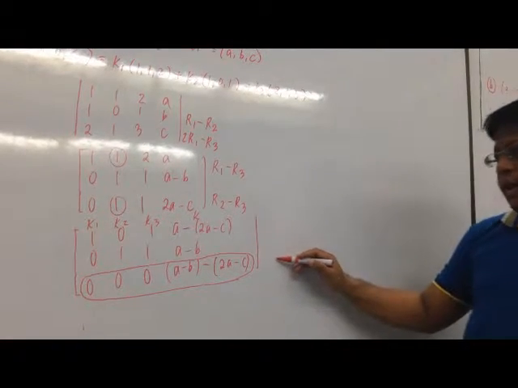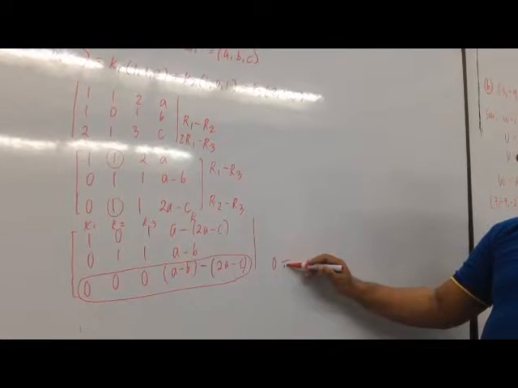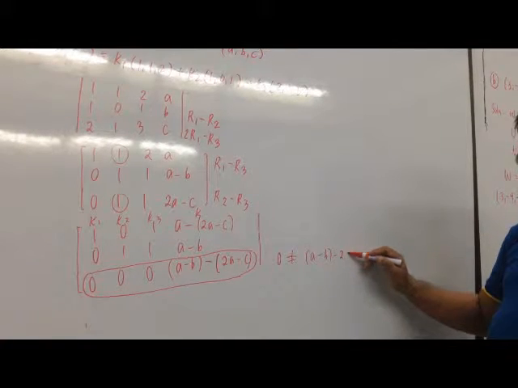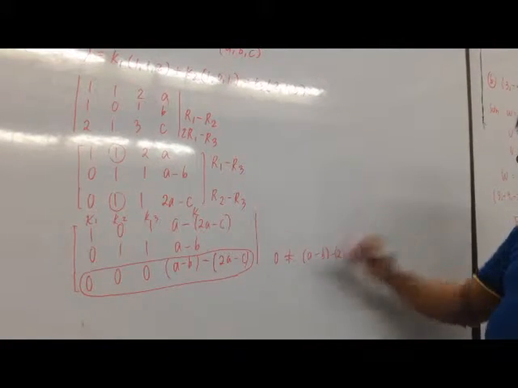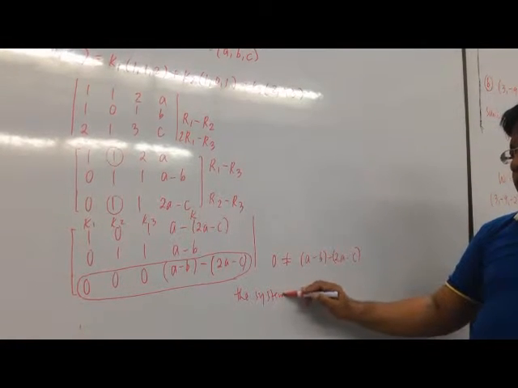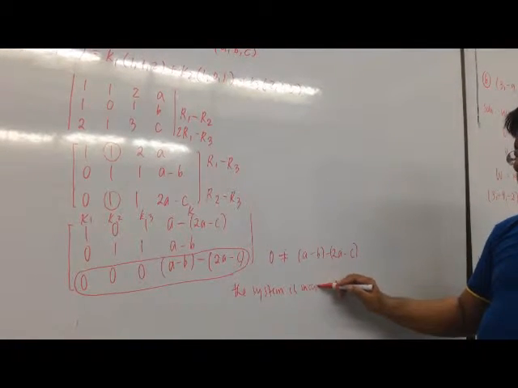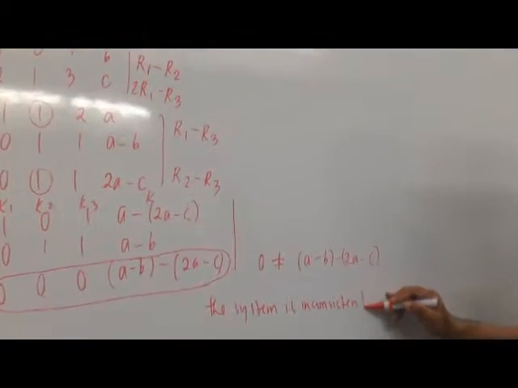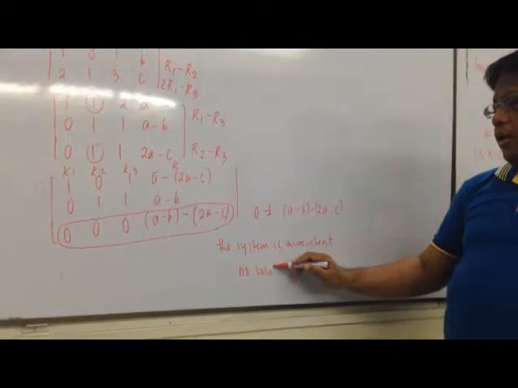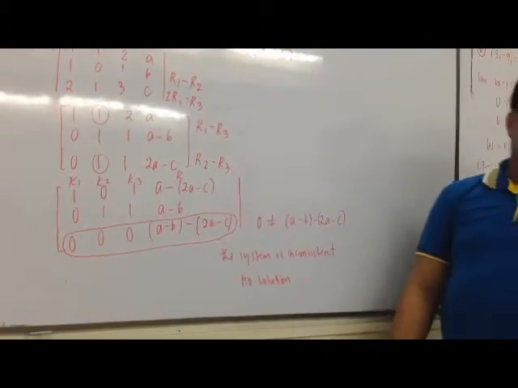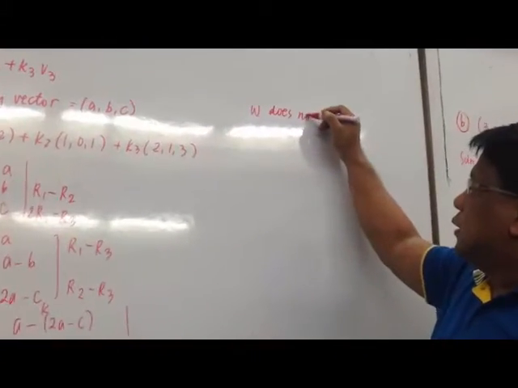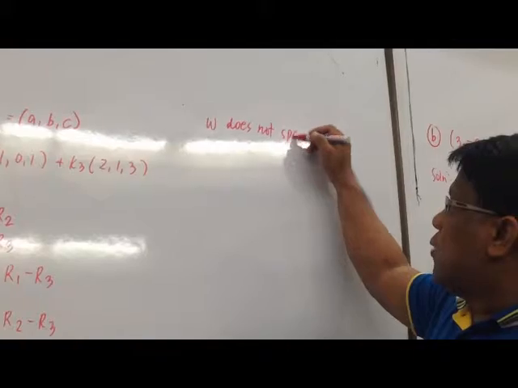So again, class, we have a false statement here that 0 is not equal to this any real number, A minus B minus 2A minus C. So that means, class, we can say that the system is inconsistent. And when you have a system that is inconsistent, there will be no solution for K1, K2, and K3, and it's no solution, right? So therefore, set S does not span R3.